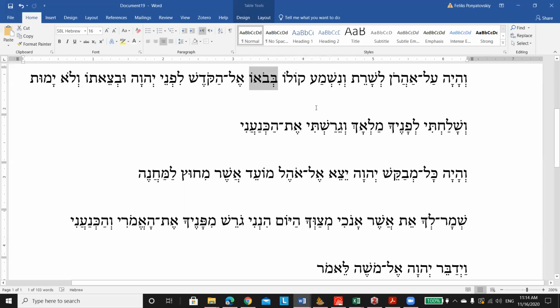So what is the aspect of this verb? Yictol, katal, participle, infinitive? Can be infinitive, I think. Correct. This is infinitive. If a verb has prefix, it is infinitive. It is infinitive construct.